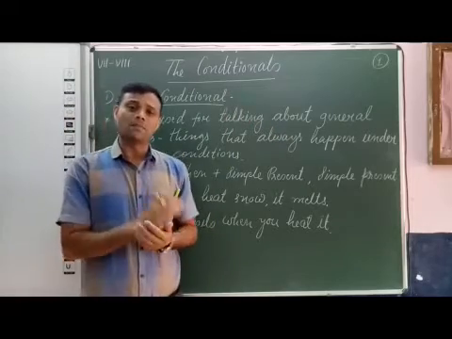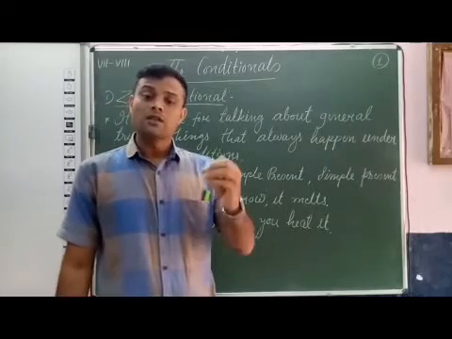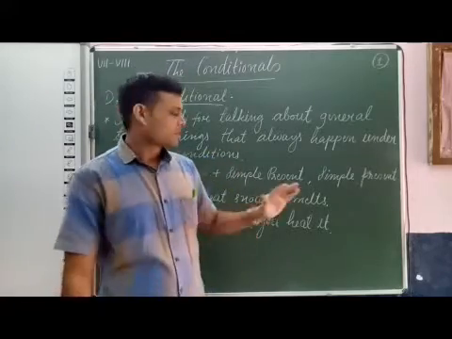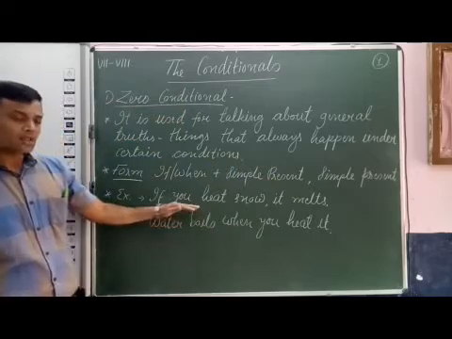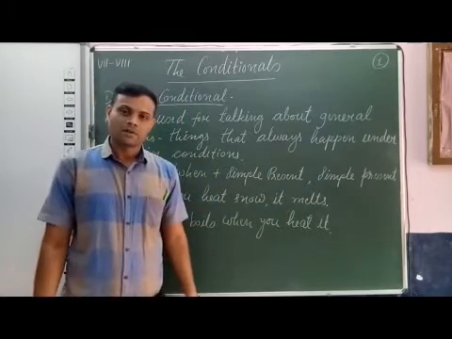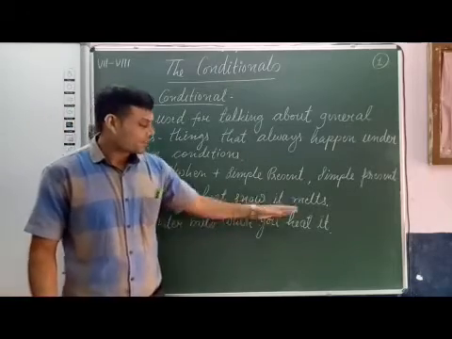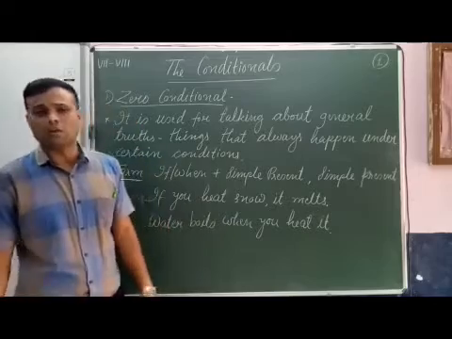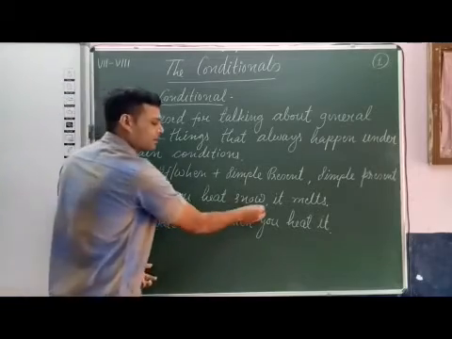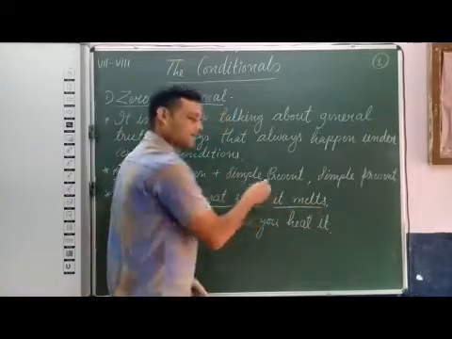Now let's see the examples. Examples will clarify the use of zero conditional. See the use: If you heat snow, it melts. Now, it is a general truth. If you heat snow, it melts. If you observe the two clauses, 'if you heat snow' is one clause, and the second clause is 'it melts'.